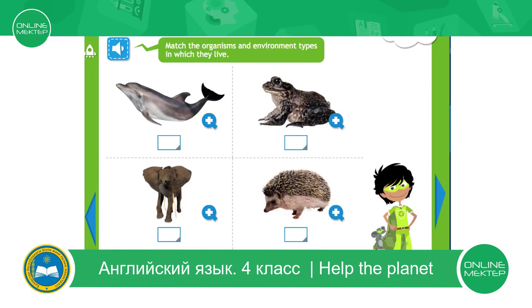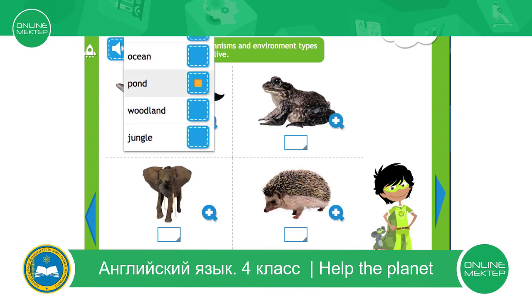Where do these animals live? Match the organisms and environment types in which they live. This is dolphin. Where does it live? It lives in the ocean.